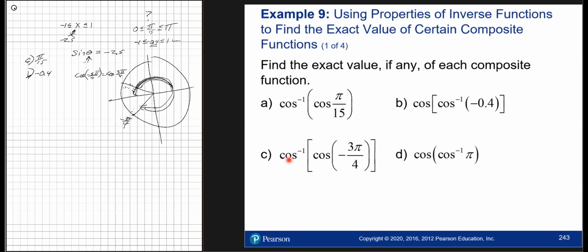And now I'm going to do sine on both sides. So x equals the sine of pi over 4. Because if I take the sine of the sine inverse, that just gives me the argument of the inverse. And what's sine of pi over 4?